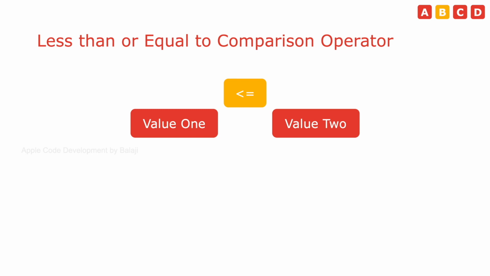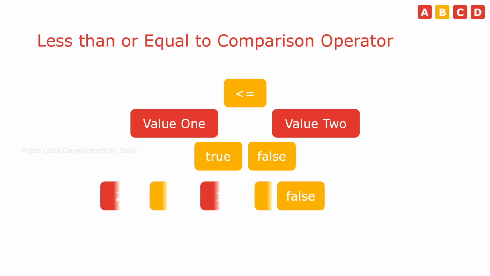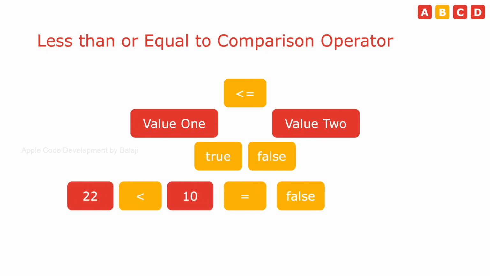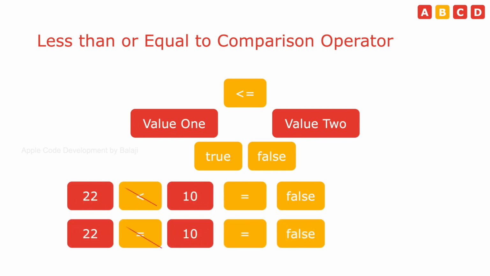If any one condition, either less than or equal to, is satisfied, it will return true or else false. In our case, it is false because 22 is not less than 10 and 22 is not equal to 10. As per the rule here, at least one condition needs to succeed. Here both failed, so it is false.